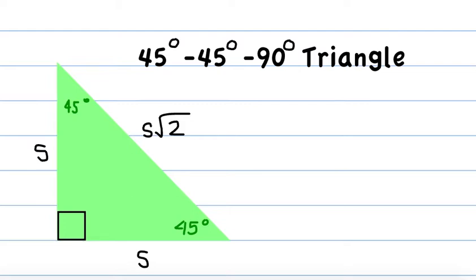So now we're going to move on to the 45-45-90 triangle, which is very similar, but in this case both sides are the same length, so we're going to have S as one leg and S as the second leg, and to find the hypotenuse all you do is S times the square root of 2.